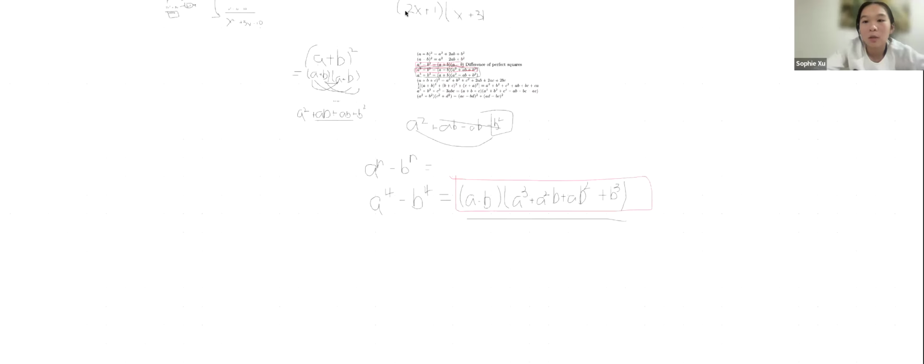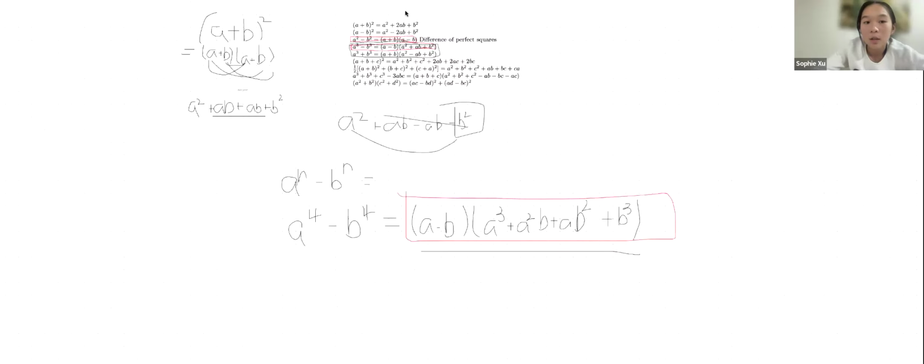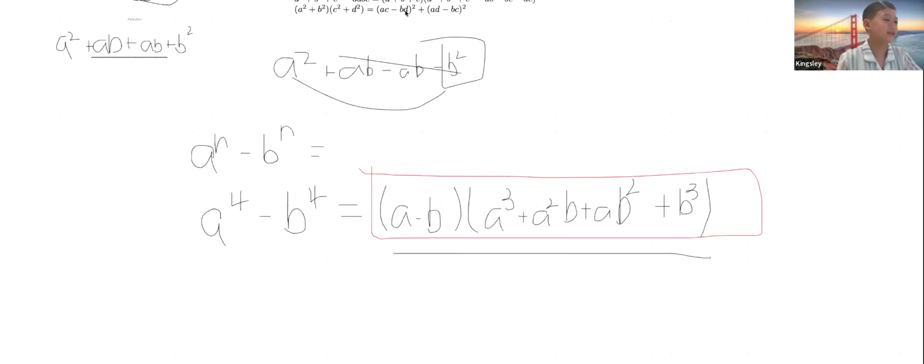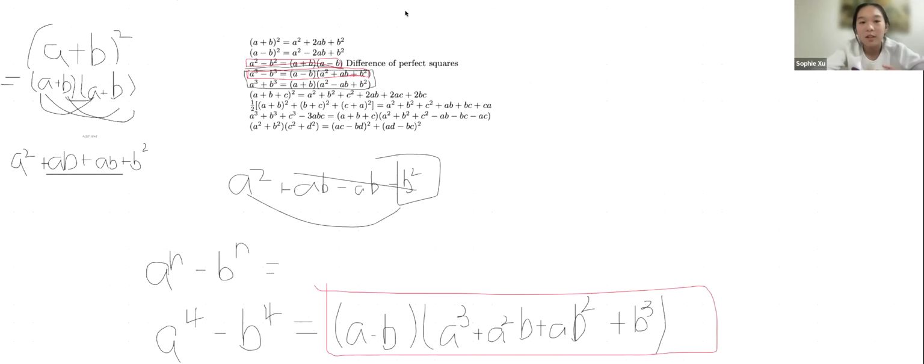Kingsley, would you like to give it a try? I'll make a wild guess. Yeah, sure. Do you want to write it down? Yeah. So maybe it'd be a minus b in brackets, because it appeared in all of these, right?